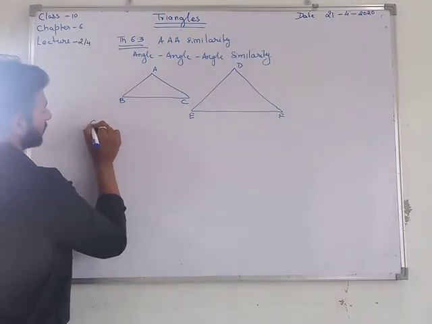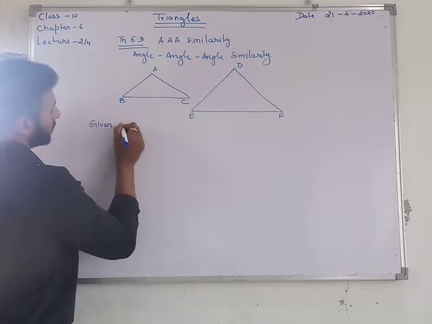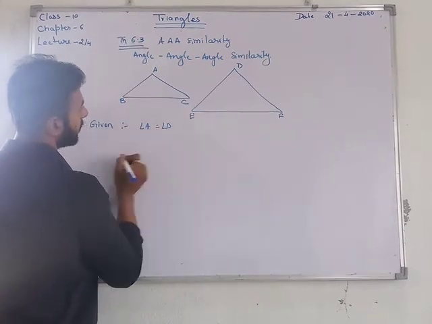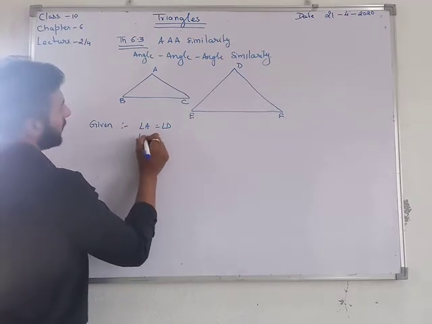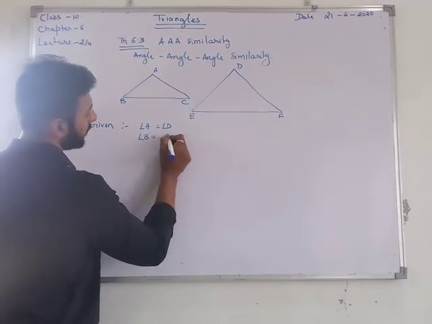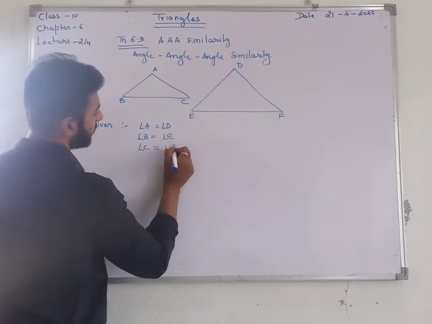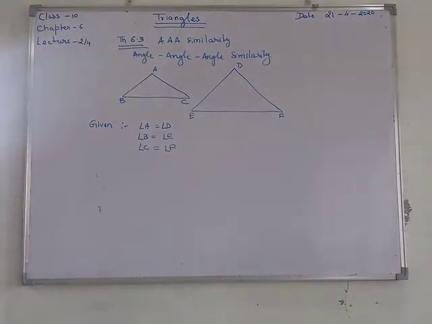What is given? Angle A is equal to angle D, angle B is equal to angle E, and angle C is equal to angle F. These three angles are given.